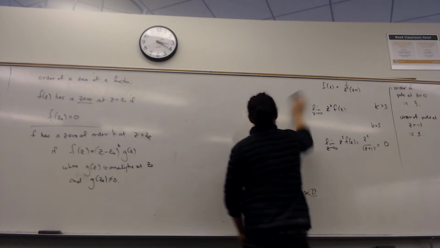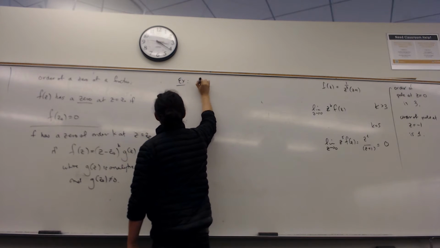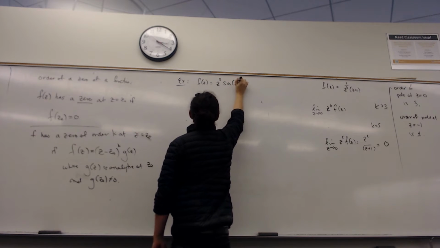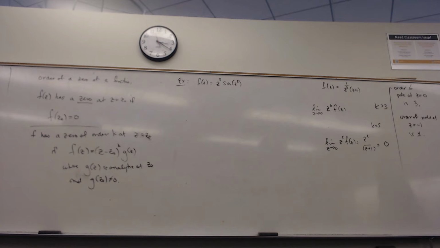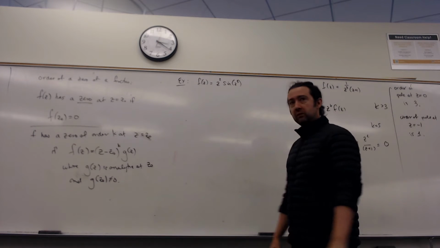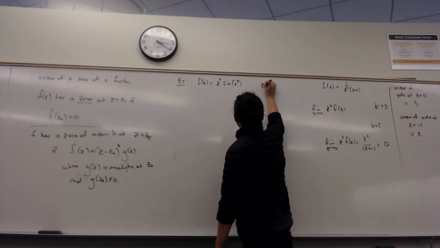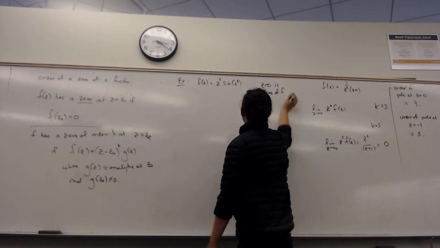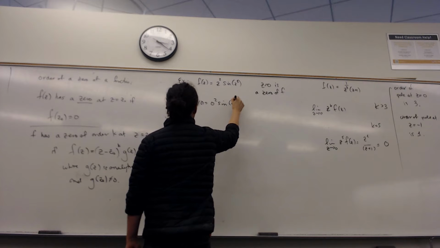So, for example, let's look at f of z equals z squared times the sine of z cubed. This function has a lot of zeros in it, but let's in particular look at the 0 at z equals 0. The claim is that z equals 0 is a 0 of f, because f of 0 is equal to 0 squared times the sine of 0 cubed, which is 0.